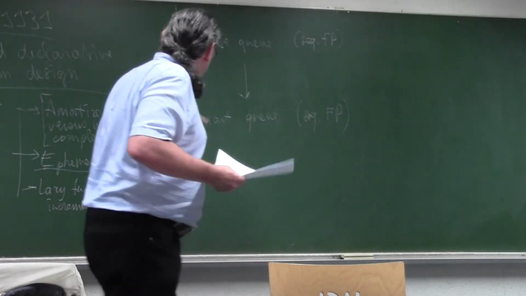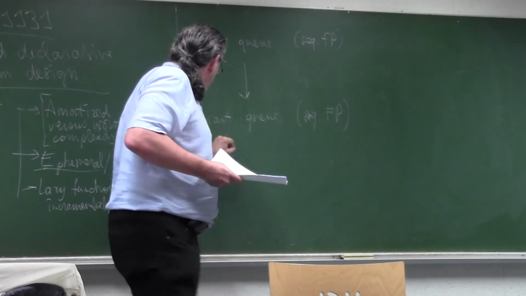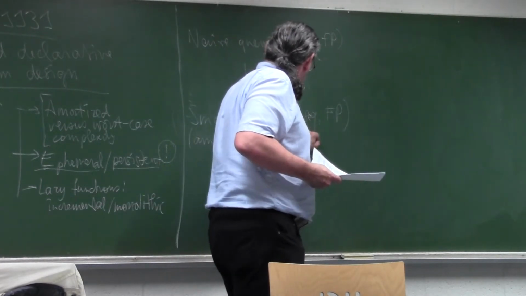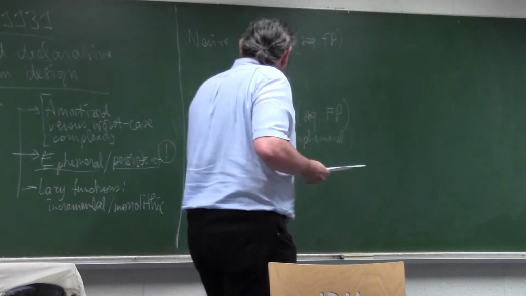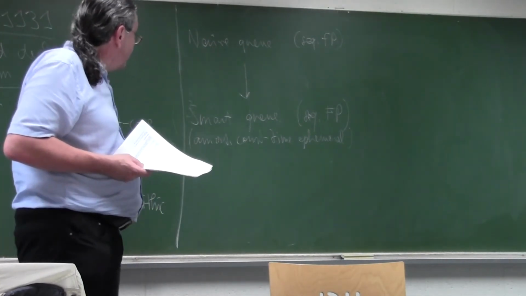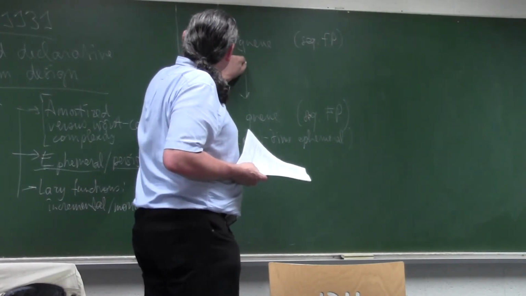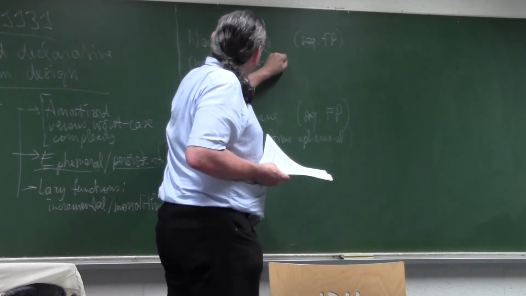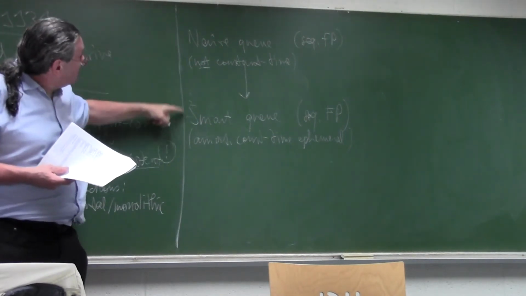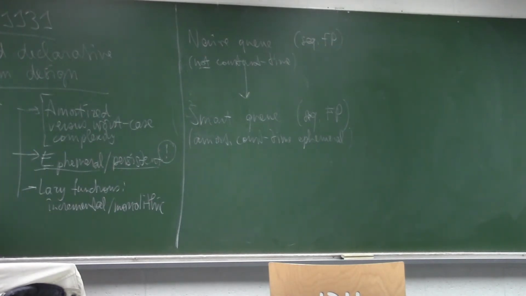This is going to be amortized constant time ephemeral, the smart one. Whereas the naive queue is not constant time, some of the operations will be expensive. So this is just a smart programming technique. All of this is going to be regular functional programming. Okay, now let me show you some code.